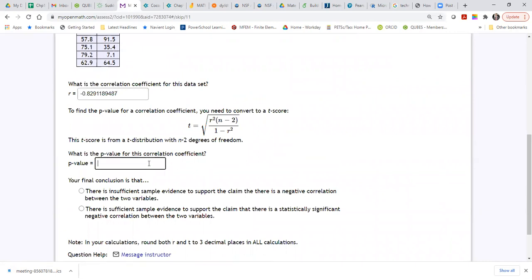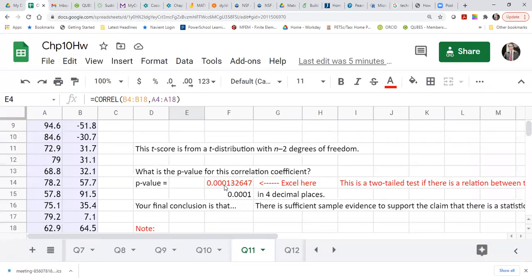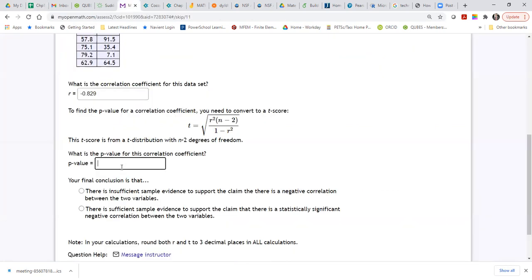And then the t and p values are not in your calculation; round both R and t to 3 decimals. So this one becomes like this, and then the p-value becomes 0.0001.